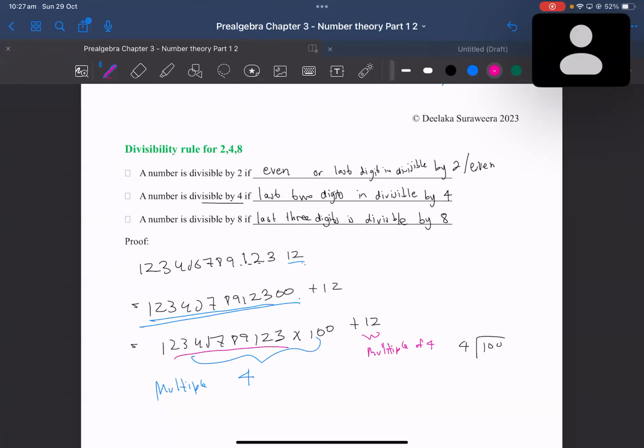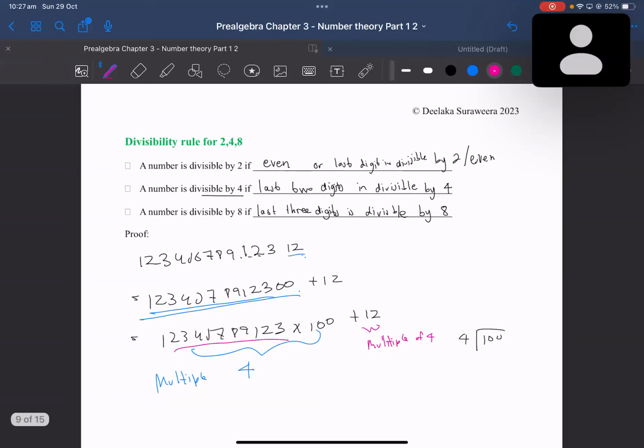The last 2 digits is only for 4. The multiple rule for 4 is the last 2 digits being divisible by 4. But for 8, it's the last 3 digits.